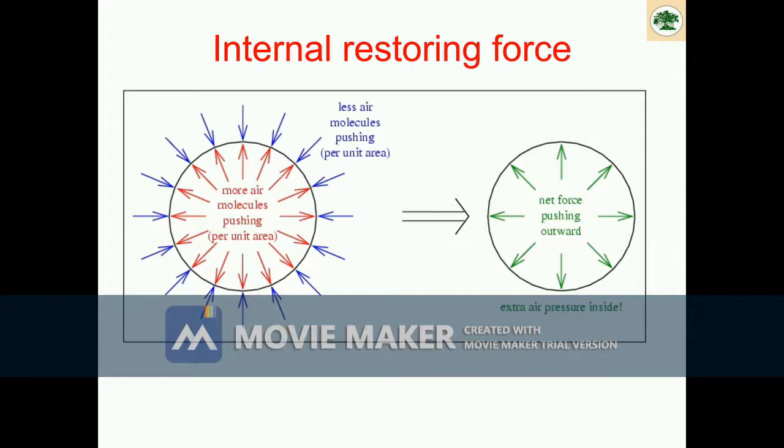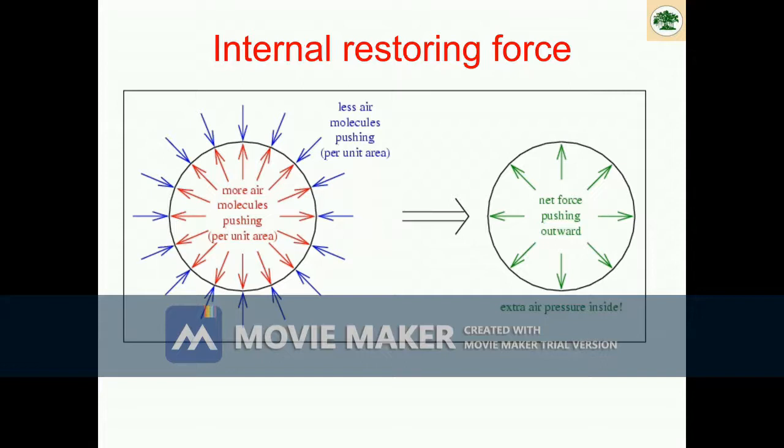In the first figure there are blue arrows which show the molecules of the air, they apply force on the object from outside, and there are brown arrows, which indicate the molecules inside the object, they apply force from the center on the inner sides of the object.